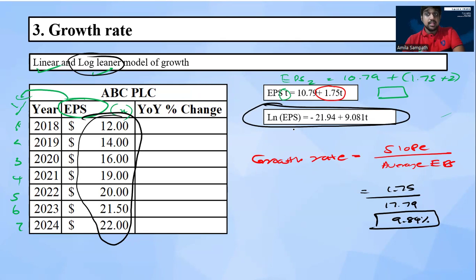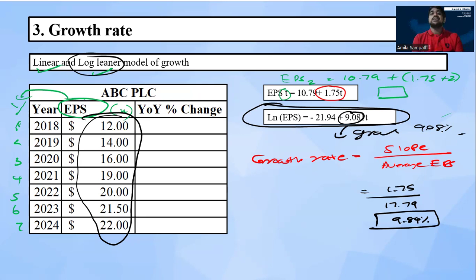Then if we develop a regression model like this, we don't need to calculate our growth rate. The slope of this log linear regression model directly represents our growth rate.